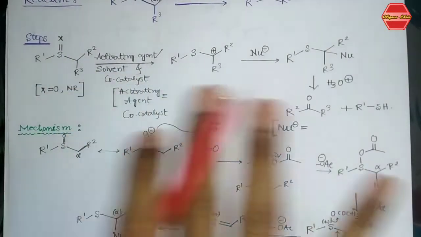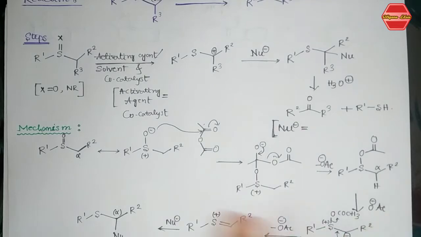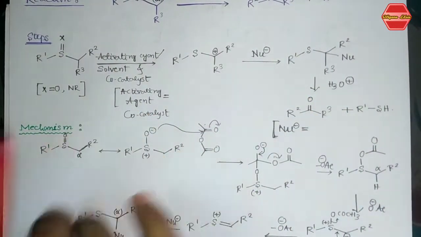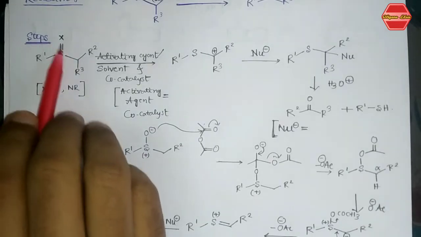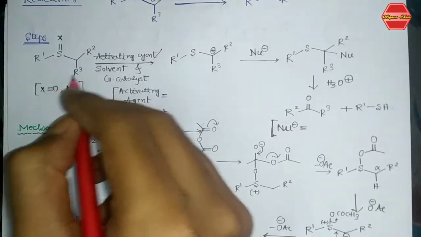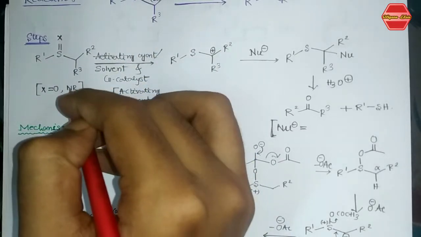Now what types of steps, what is the reagent, what is the solvent, and what is the nucleophile, all those things you have to know for this reaction. Okay, now see, at first you have the substrate like this, that is S double bond X. X may be your oxygen, or maybe an NR bond.